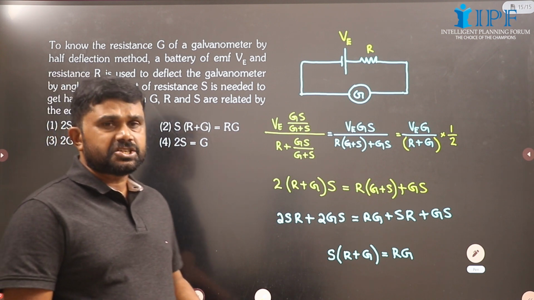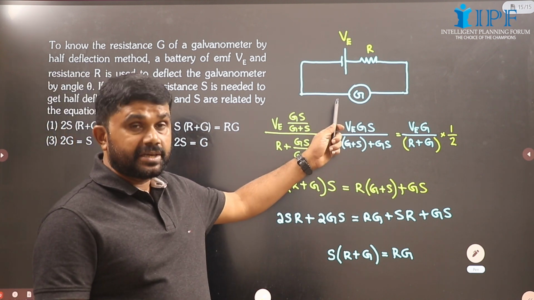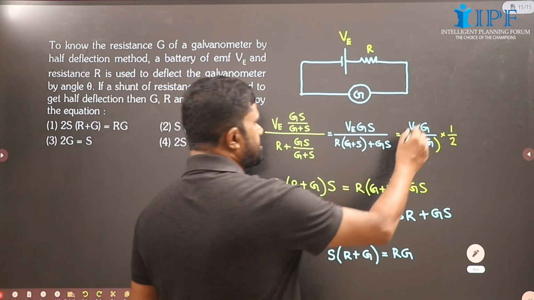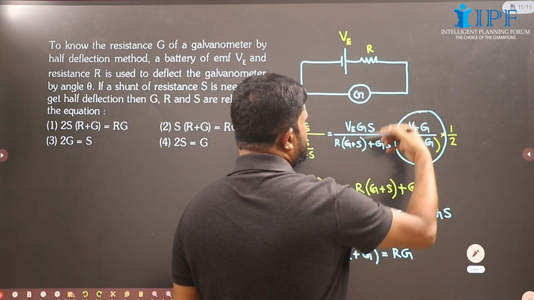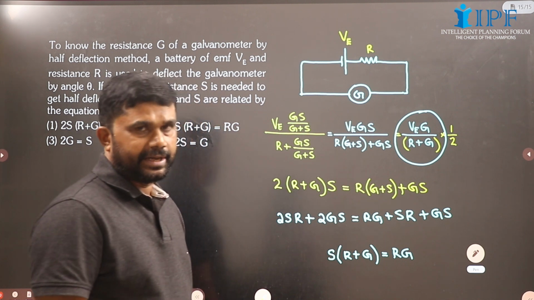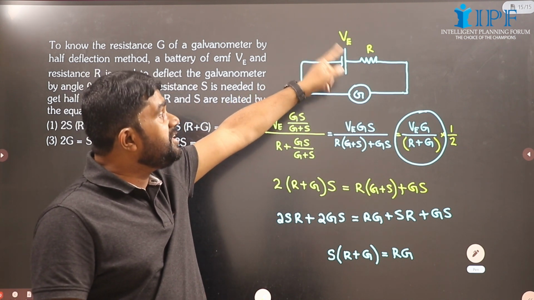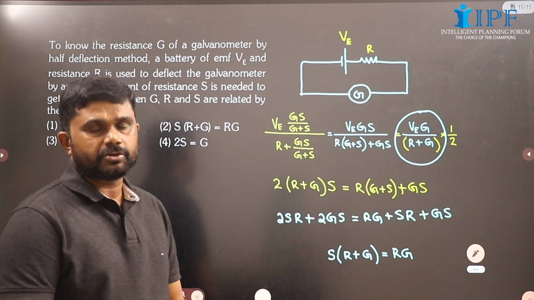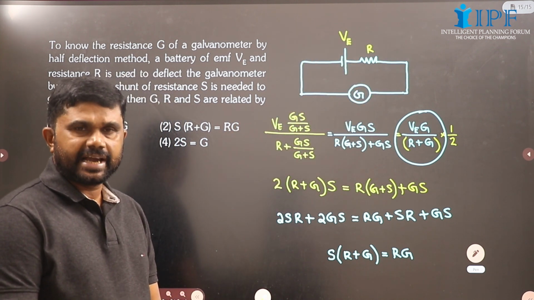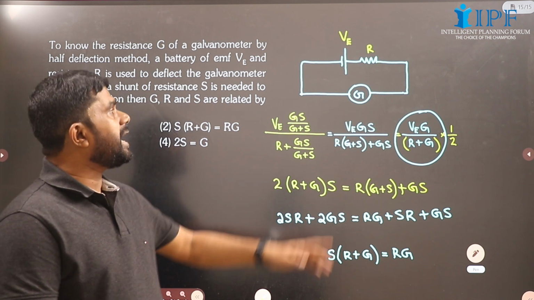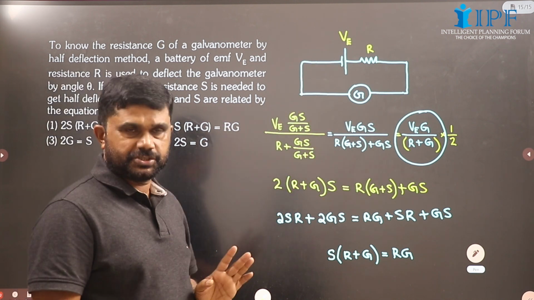See, initially the galvanometer reading will be this much. This is the initial galvanometer reading. The total voltage is VE and the current will be VE by R plus G, because R and G are connected in series. So the current through the galvanometer will be VE by R plus G.